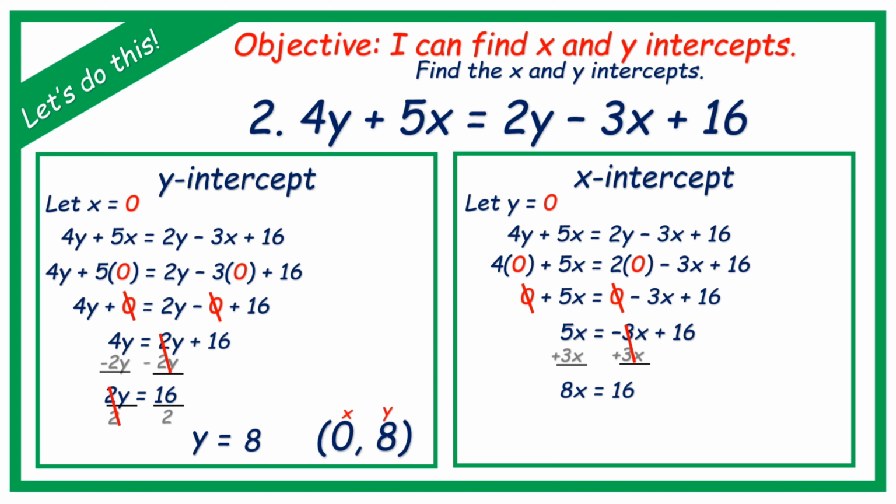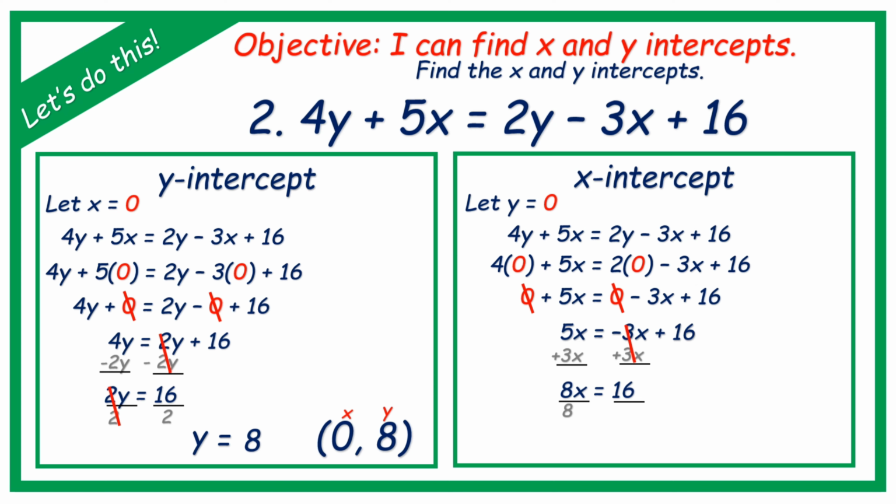Why? Because we add 5x plus 3x, and the answer is 8x. And we just simply bring down 16. See, just like that. We're not yet done. We need to isolate x. How? By dividing by 8 on both sides.